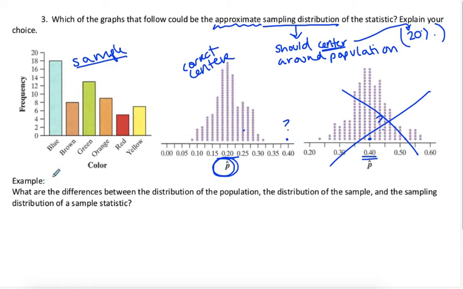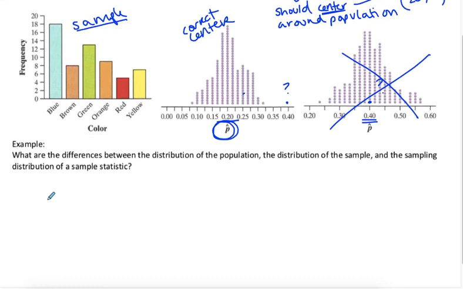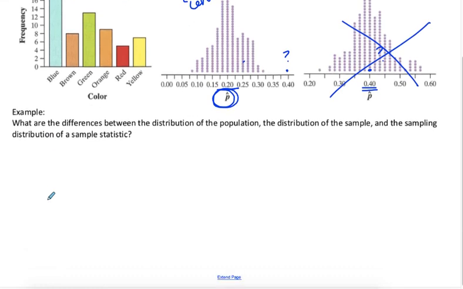So our big idea today, what are the differences between the distribution of a population, the distribution of a sample, and the sampling distribution. Okay, the population is usually the claimed idea, or it's from a known population from previous data. The distribution of the sample is one sample taken from this population and collecting it about one piece of information.